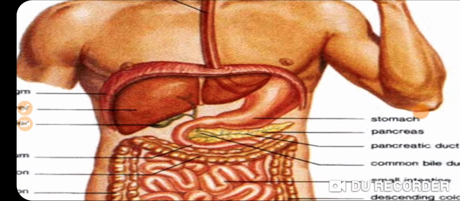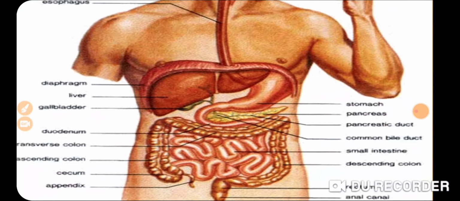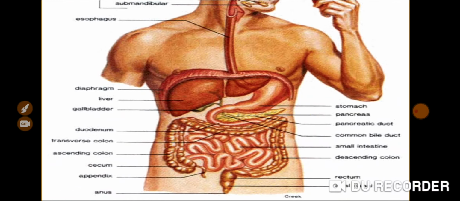with the help of several enzymes secreted by the stomach itself, pancreas, and liver. From the stomach, food enters the small intestine, where further digestion of food takes place and absorption of food also starts.